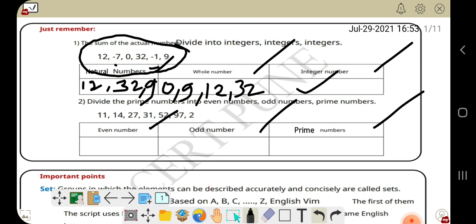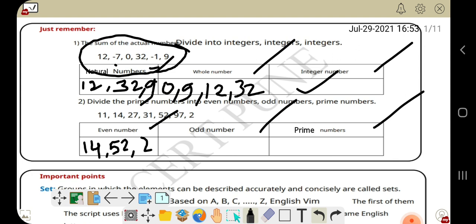Okay, so even numbers are the numbers, when you divide that number by 2, it will be divisible. So 11 is not divisible by 2, 14 is divisible by 2, that is why 14 is an even number. Then 52 is there, even number. 2 is the even number. So 2, 52, 14, these are the even numbers.